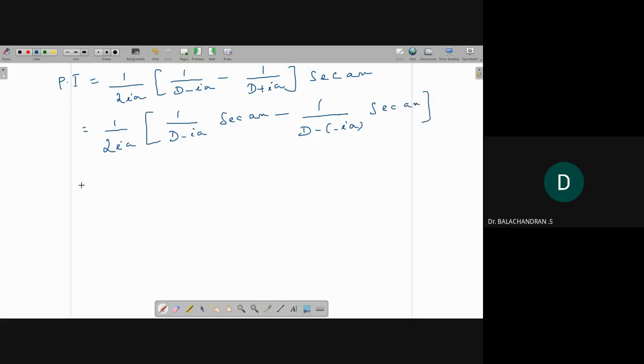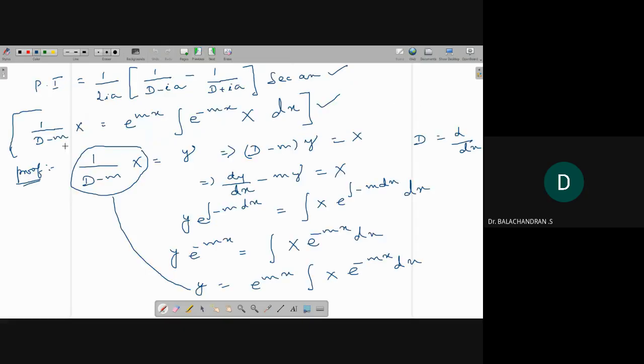So now can you tell how to apply the result? We know that it is 1 by d minus m into x. If you identify what m is and what x is, then if you know this result, you can tell.